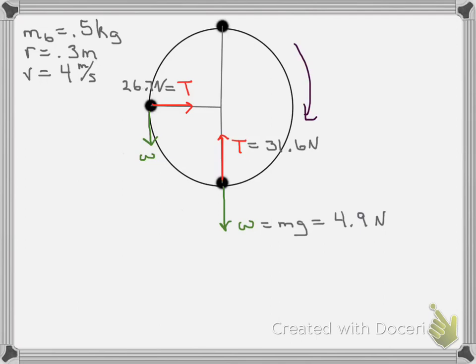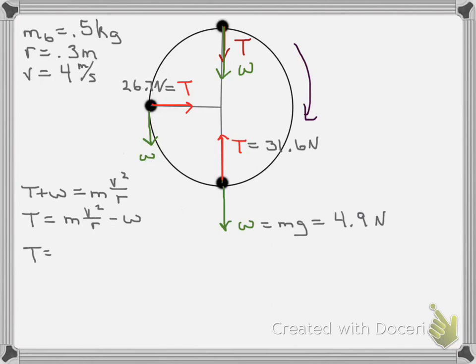Now let's look at the yo-yo at the top of its swing. It still has a speed of 4 meters per second. There's still a tension force which points to the center of the circle like it has the whole time. But now the weight force also points to the center of the circle. Tension and weight point in the same direction now, so they both have the same sign. Applying Newton's second law of motion, we see tension plus weight equals mv squared over r.